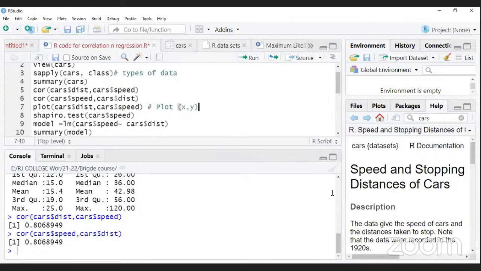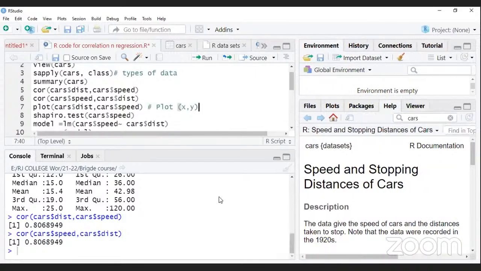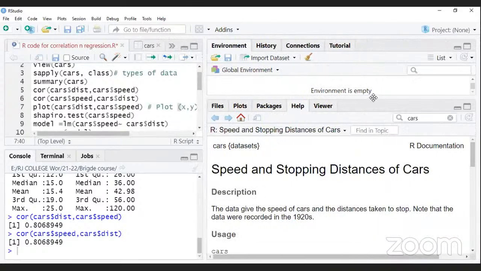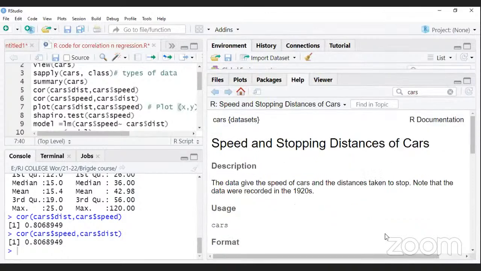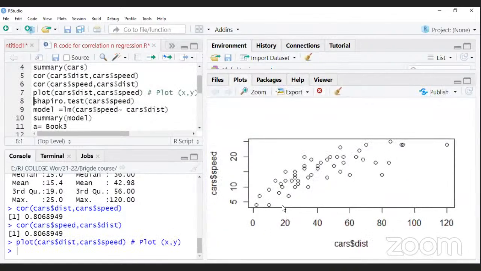Remember, when you plot anything, this portion will be larger; otherwise they will say the size is very small, etc. Just plot this, execute this. This is basically the graph they will give. If you look at this data, you can find some pattern here. The pattern means that when the stopping distance increases, the speed is also increasing. So one can obtain the speed.